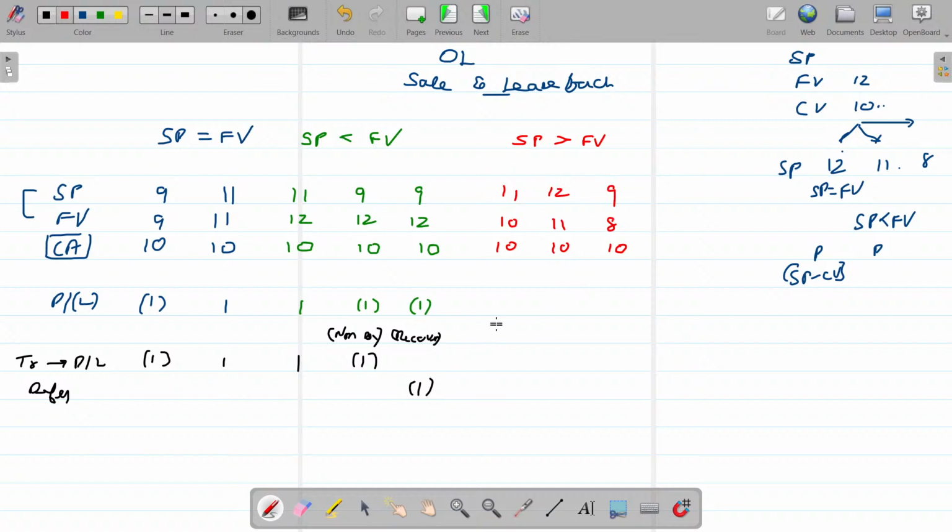Now what about the profit and loss? First case, profit and loss is the difference between these two. 1 rupee profit, 2 rupees profit, 1 rupee loss, 1 rupee loss. Now how much will you be transferring to the P&L account? Okay. Transferable to the P&L account will always be fair value minus carrying amount.